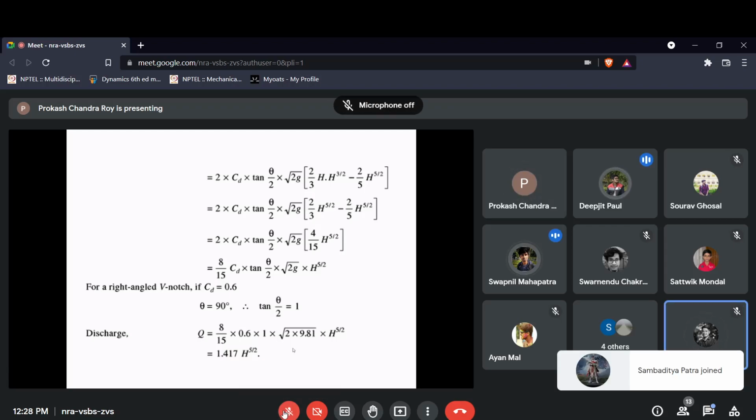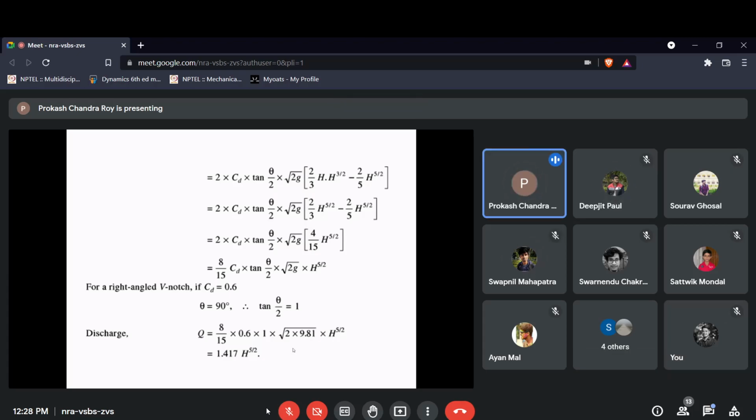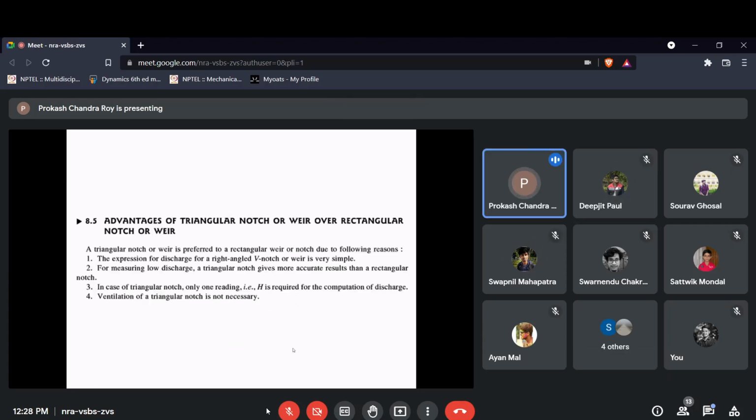Yes. Okay, so based on this theoretical understanding, we have discussed two types of notch. One is a rectangular notch and another is a triangular notch. So what are the advantages of this triangular notch over the rectangular notch?